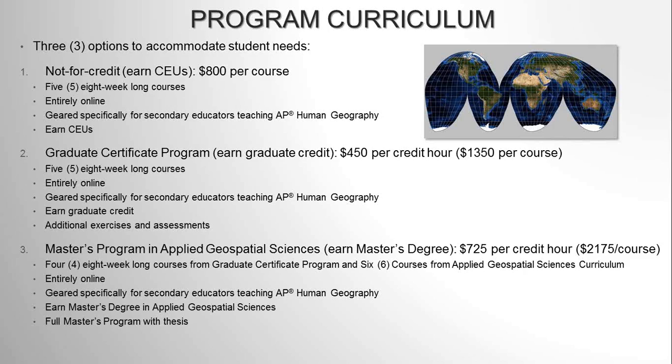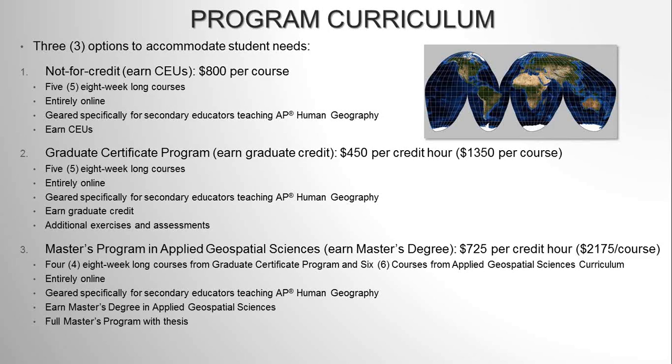So we also will have professionals from other disciplines and other areas besides AP Human Geography that will benefit from our courses. The Graduate Certificate Program obviously earns graduate credit.